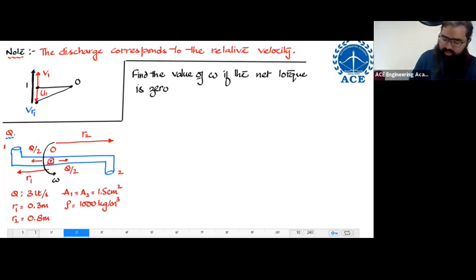Net torque at which point? At point O. The net torque is equal to 0. If the net torque is equal to 0, you are supposed to find the value of omega.